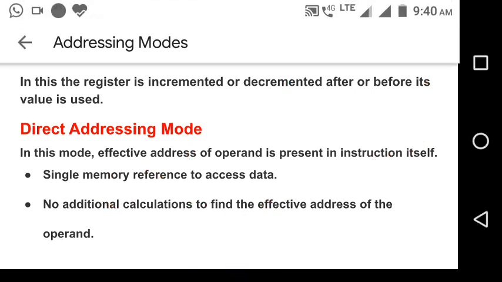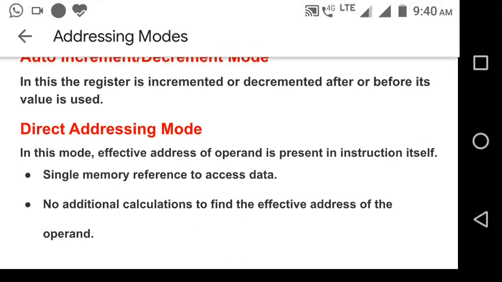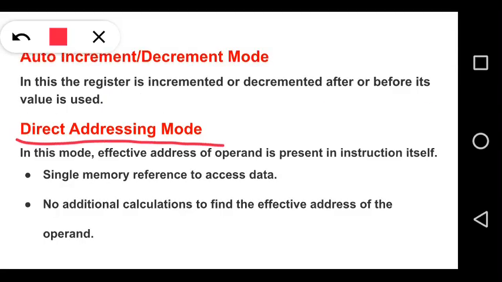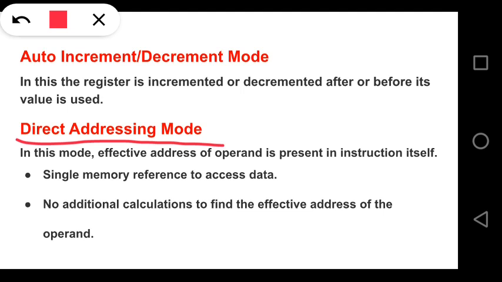And next we have the important addressing mode, that is direct addressing mode. So in direct addressing mode, what happens? In this mode, the effective address of the operand is present in the instruction itself.